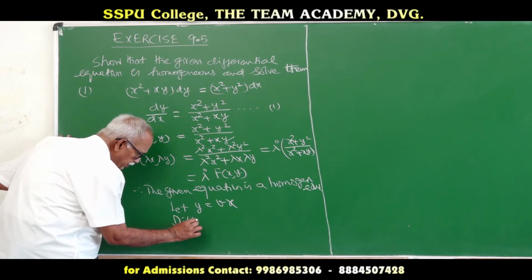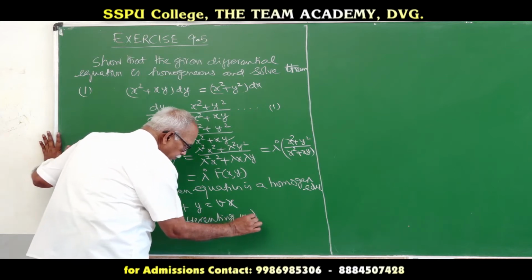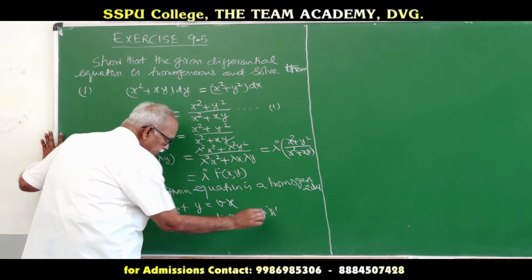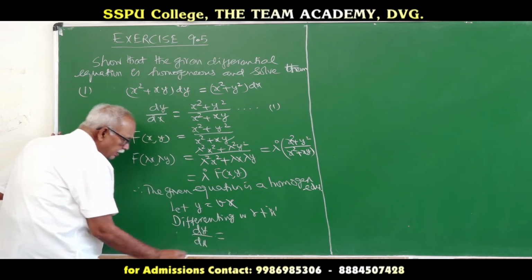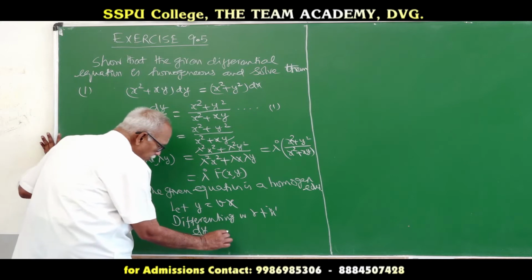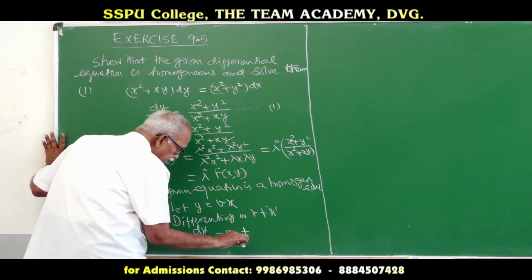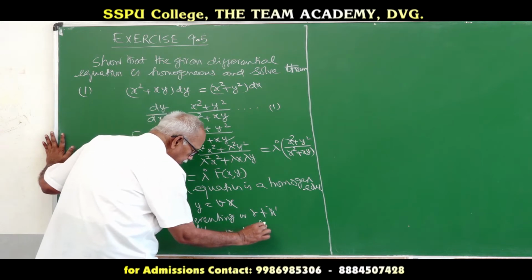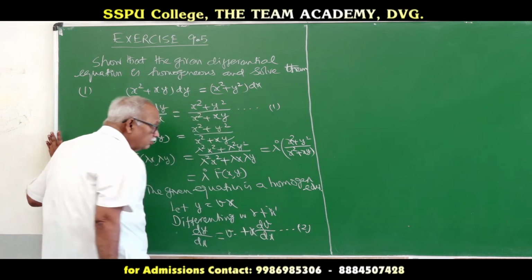Next step is differentiating with respect to x, so that we get dy/dx. Since v is also a function, use the product rule: dy/dx = v·1 + x·dv/dx. Keep this as equation 2.